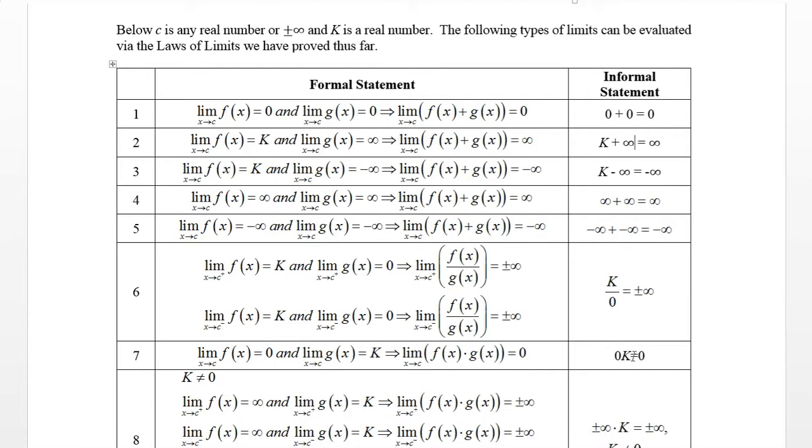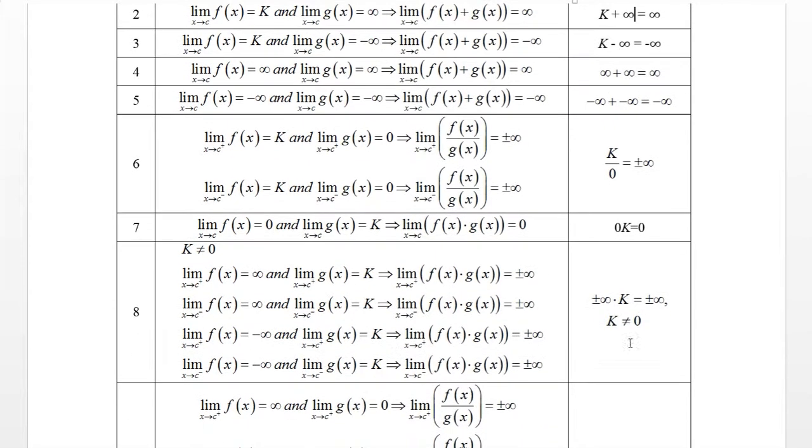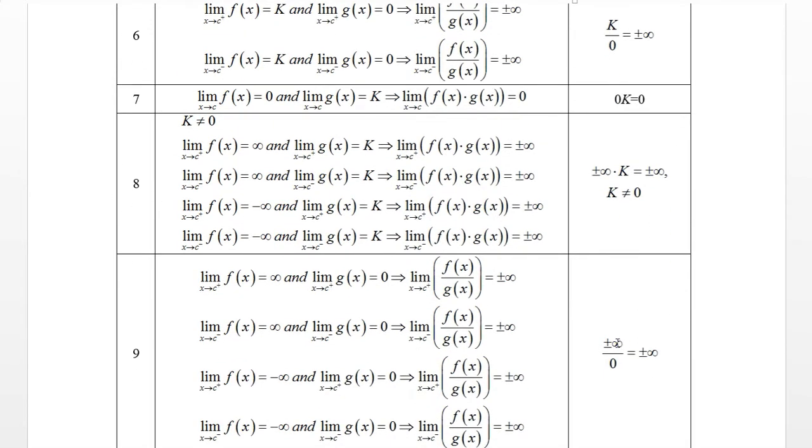0 times a constant is 0. Plus or minus infinity times k is plus or minus infinity, but not necessarily the same one. So this is plus infinity, this may be plus or minus infinity. And this is if k is not 0. Okay, so for a non-zero number for k. Plus or minus infinity divided by 0 is infinity, but again, it could be positive or negative infinity.